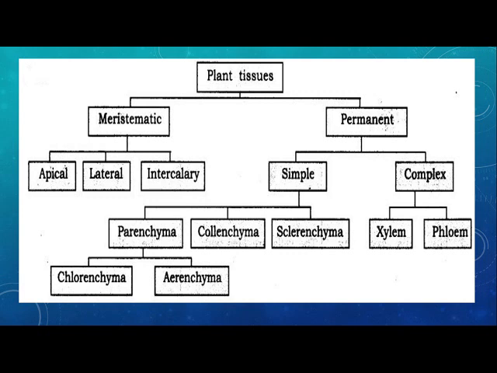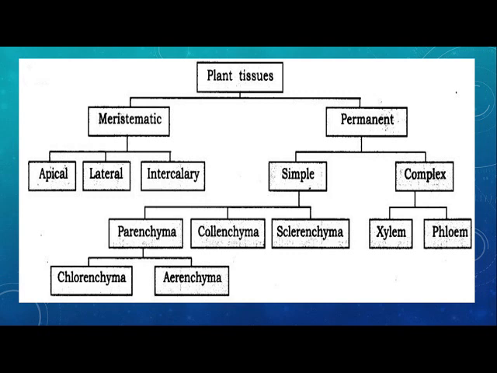So, meristematic tissues are the dividing cell tissues, and those tissues that do not divide are called permanent tissues. Now, let us understand how meristematic tissues are formed and how permanent tissues are formed. When they do not divide, then how are they formed? So, children, meristematic tissues are the tissues in the plants which keep on dividing throughout their lifetime. And in this way, continuously there is a formation of new cells and new tissues.